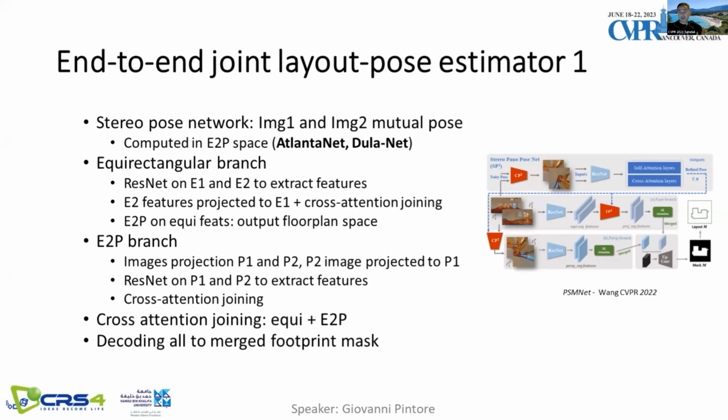In parallel, the images are transformed in floor space, and the second is projected to the first, so the mutual positions are compared. Since the features of both branches are in floor plan space, they can be joined and decoded directly to find the footprint mask as in AtlantaNet.